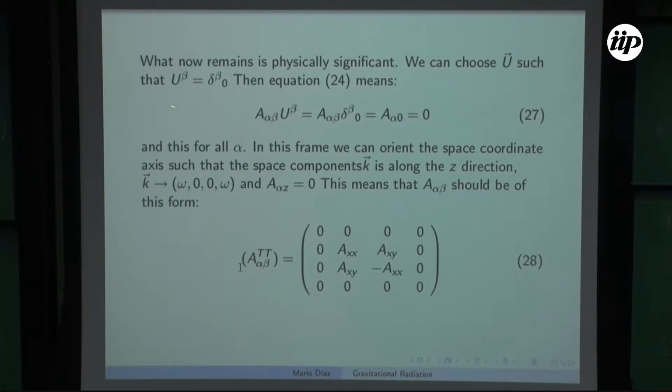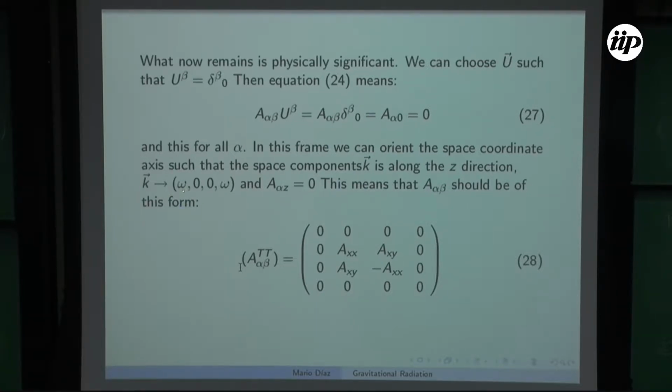We can choose a velocity such that it can be written like this, so 1, 0, 0, 0, and the equation is then going to be written in this manner. This is true for all indices, and we can orient the space coordinate axis such that the space component is along the z direction, and the x and y plane is perpendicular to that direction. Then we can see the meaning of this transversal perturbation.